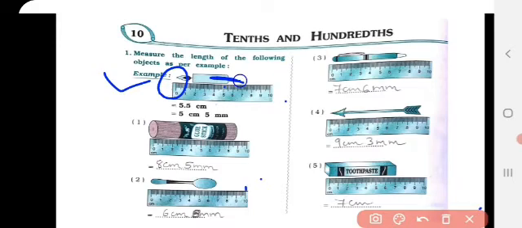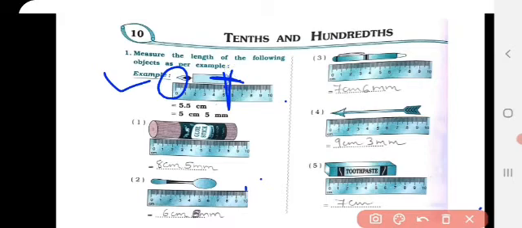Now in between 5 and 6, if there are 10 small divisions, what will be half of 10? 5. So in between there is a slightly bigger division than the small divisions given. That will be exactly half, that is 5.5, where you can see I had marked it with a blue pen, and it becomes slightly thicker. You can see it in your textbook even, that is your practice book.